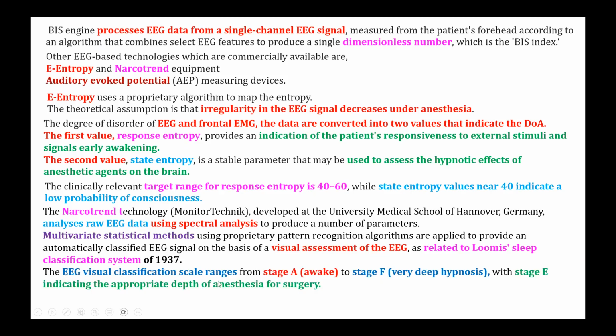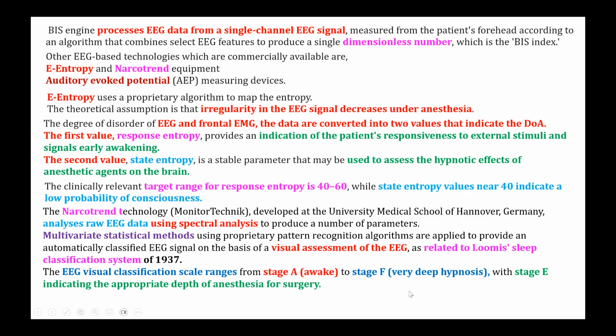In the EEG visual classification, Narco Trend is not only a number display like your BIS and entropy, where from 1 to 100 you have the numbering system, but here you also have the alphabetical A to F stage. So stage A means the patient is fully awake, and stage F means the patient is deeply anesthetized, and that is given as a display using the visual assessment of EEG.